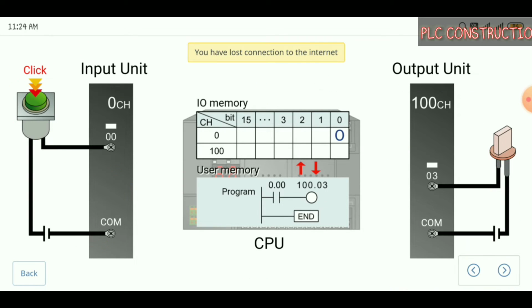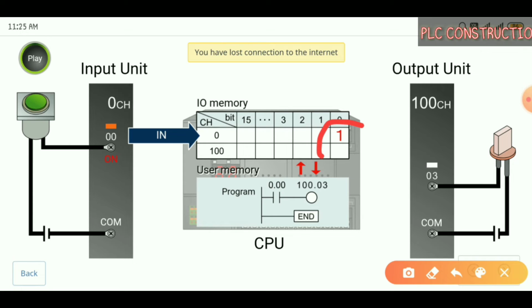Here is the demo. I'll play this one, and you can observe and understand. If I press the input button, the signal goes to the input unit, so it turns on, and it gives a signal to the IO memory. Here you can see that the IO bit becomes 1, meaning it is high. The signal came to this IO memory.